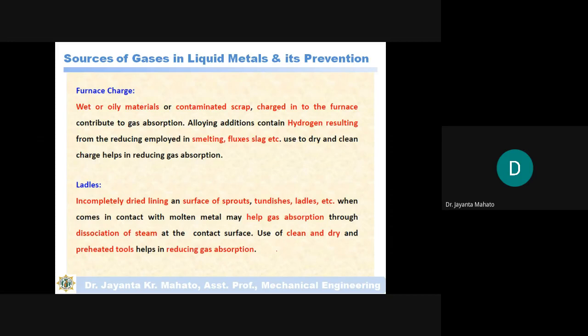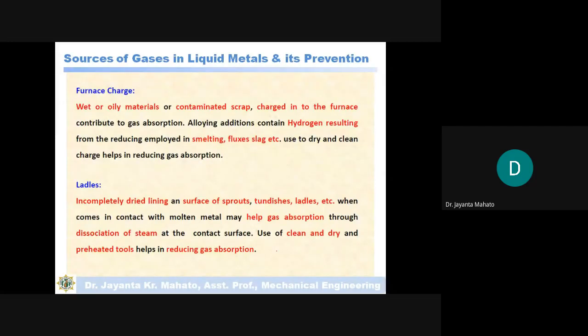Alloying additions contain hydrogen resulting from the reducing agents employed in smelting, oxides, slags, etc. Ladles, incompletely dried linings, and the surfaces of spouts or launders, when they come in contact with the molten metal, help gas absorption through dissociation of steam at the contact surface.